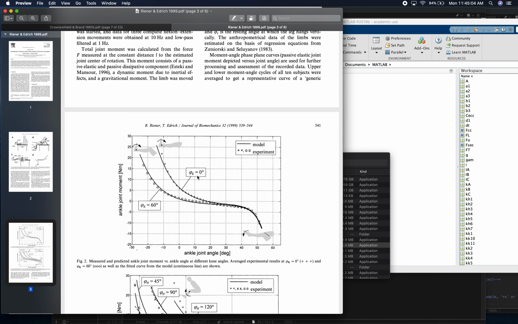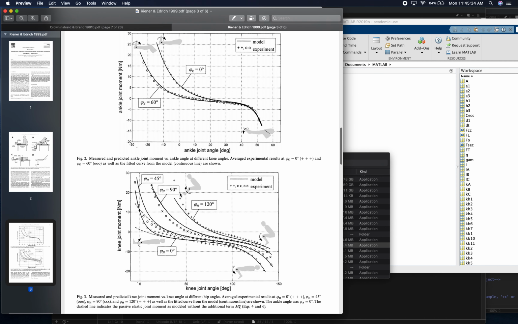This is showing the passive torque angle relationship at the ankle with the knee at 0 degrees of flexion in this curve here, and also with the knee at 60 degrees of flexion in this curve here, accounting for that contribution from the biarticular gastrocnemius muscle, which spans both the ankle and the knee. And so the pose of the knee affects the passive stiffness of the ankle through that gastrocnemius muscle.